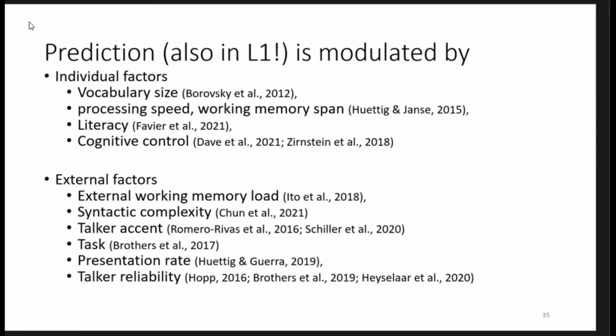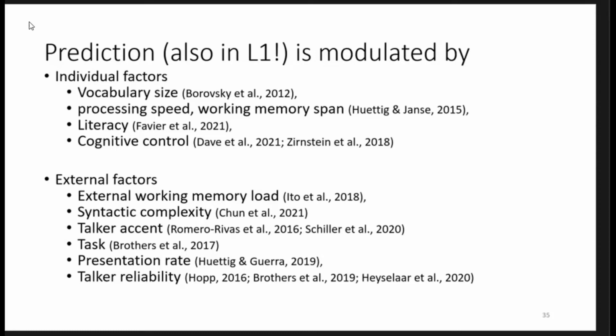But if you manipulate external properties, you also see differences in prediction, like external working memory load, syntactic complexity, the accent in which the stimulus materials are spoken, the task, whether you have people actively predict or not, the presentation rate, or talker reliability, so whether the talker makes a lot of errors or not.